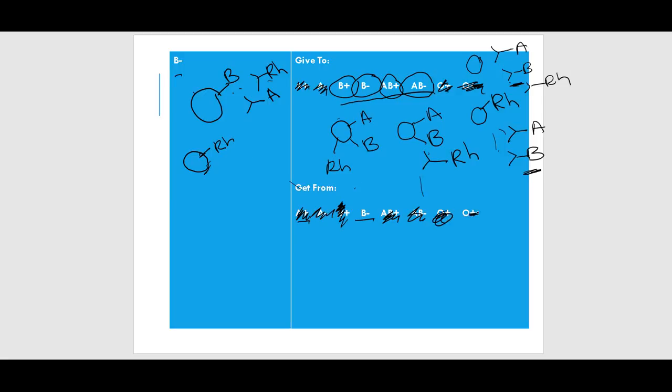This one here, which again should be O negative. O negative blood, remember, does not have any antigens present on its surface. So we could put this red blood cell into this blood and it would be perfectly fine. The A antibody does not find its antigen and the Rh antibody does not find its antigen. So B negative blood can receive blood from B negative and from O negative.